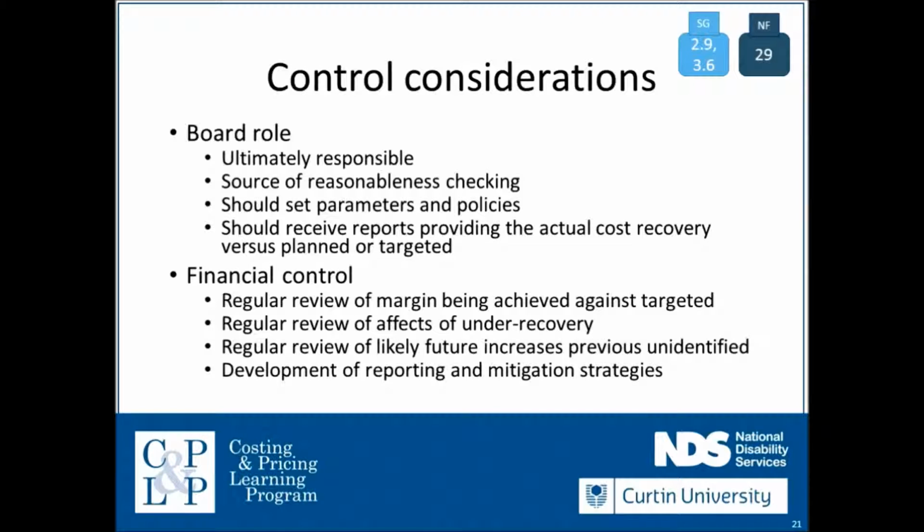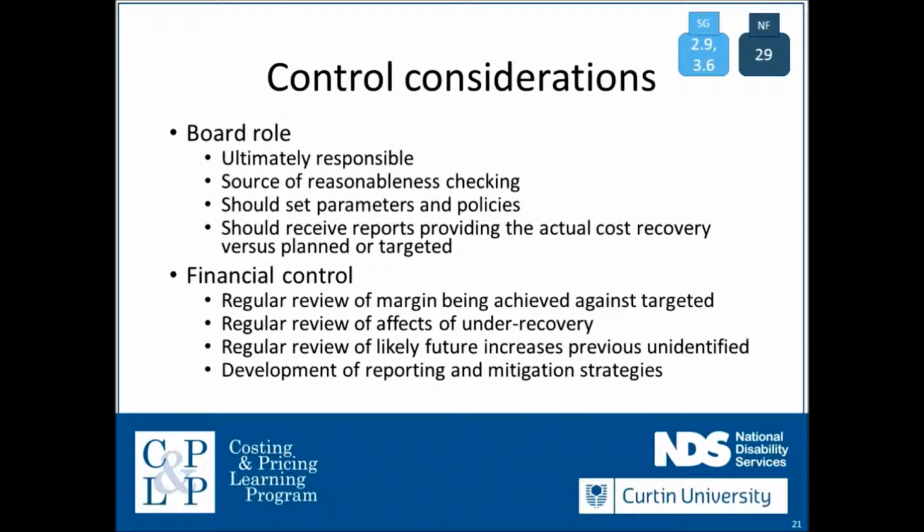The board should also do things like set the parameters and policies related to costing, and particularly to set some of the policies around what kinds of decisions the board should make strategically and what kinds of decisions the CFO or CEO should be delegated to make in that context. And finally, the board should receive reports providing the actual cost recovery versus planned or targeted cost recovery.